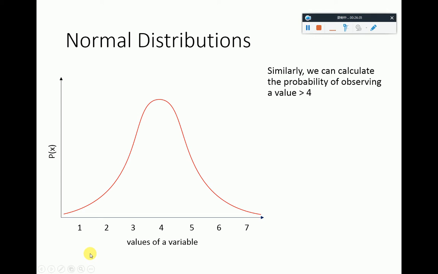Well, similarly, we can calculate the probability of observing a value that's greater than a particular value. What should it be? That's a range, that's also an interval. That means from 4 all the way to 7, because 7 is our upper bound.